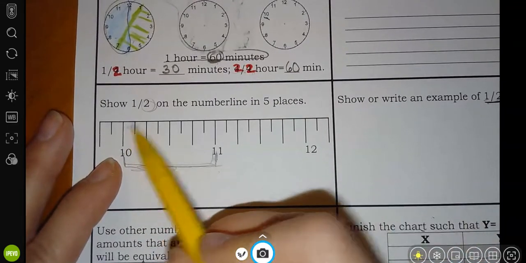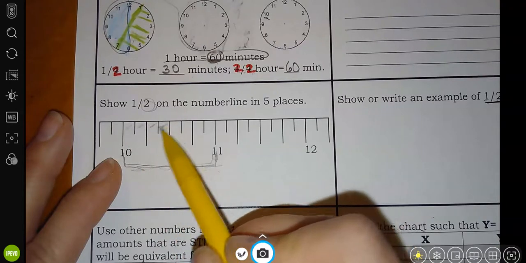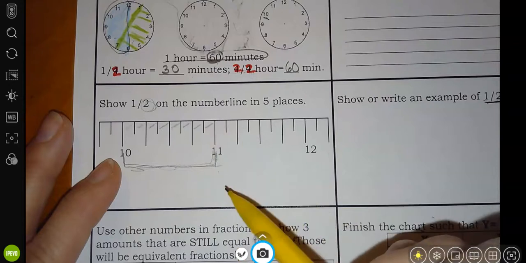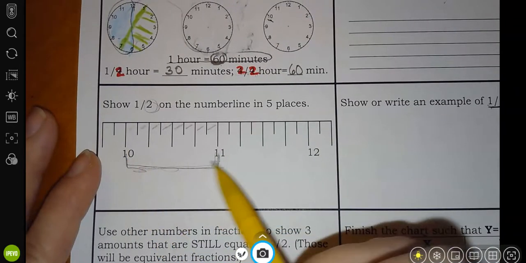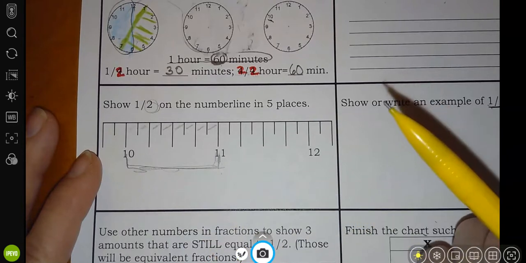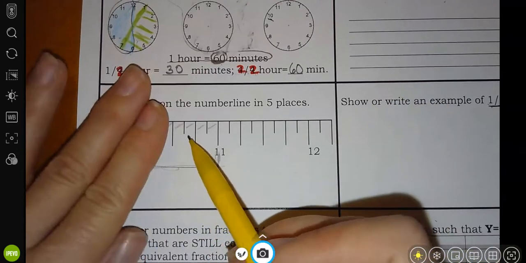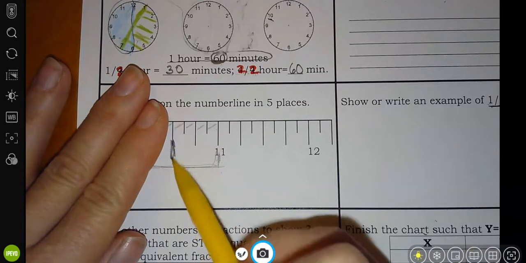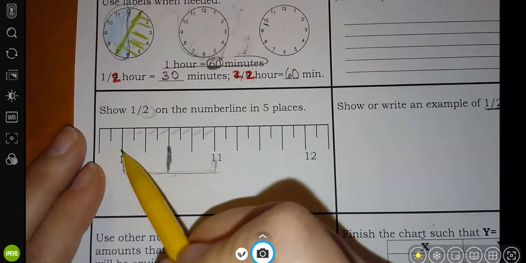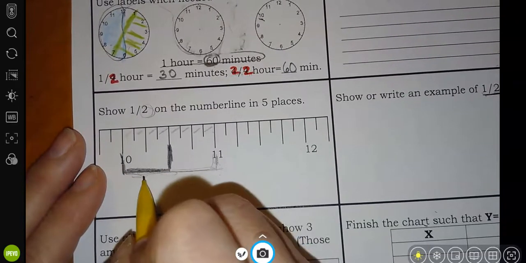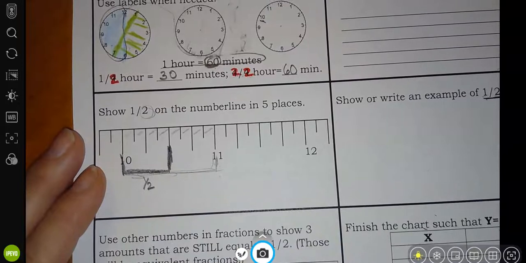How many pieces? 1, 2, 3, 4, 5, 6, 7, 8 pieces between 10 and 11. So where's the halfway mark? Well, 4 pieces on this side, 4 pieces on this side. Right here, between these two sections, is going to be 1/2.